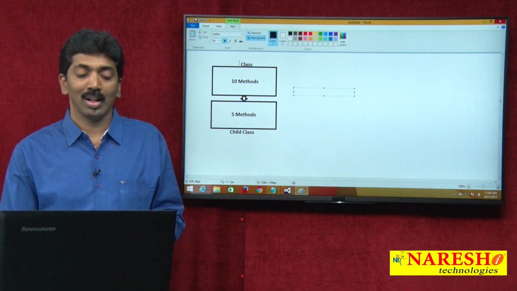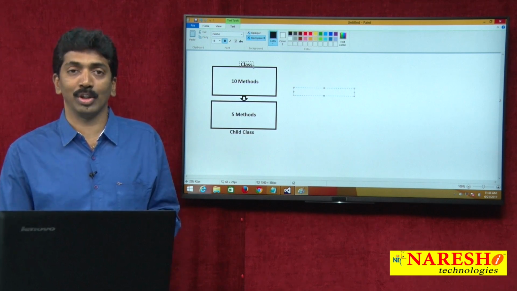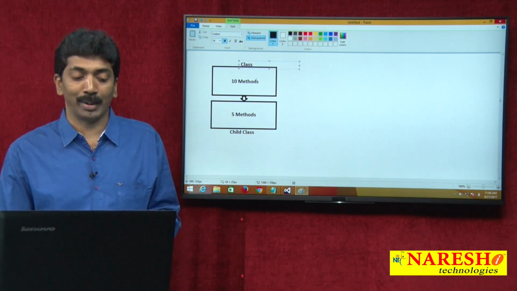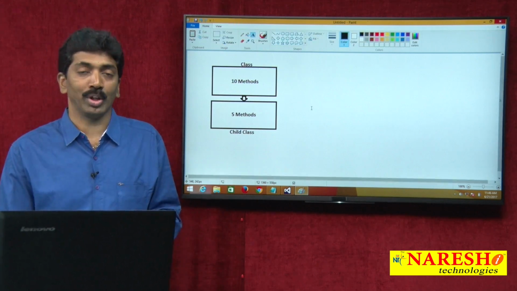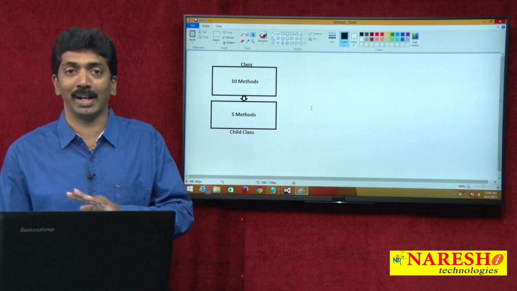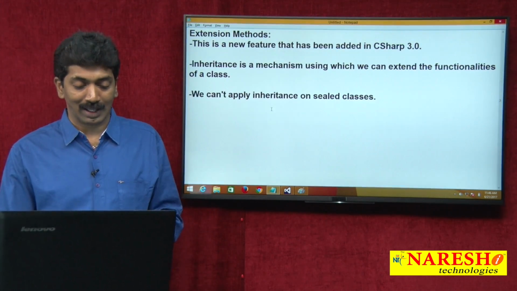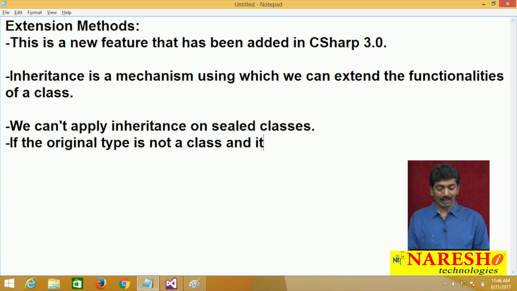Second problem, unfortunately this is not a class here. This is going to be a structure. I want to add methods into an existing structure, not a class. And don't forget, we cannot apply inheritance on a structure. A structure cannot be inherited. The second problem is, if the original type is not a class and it's a structure.